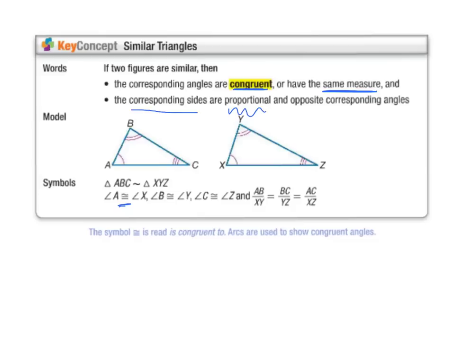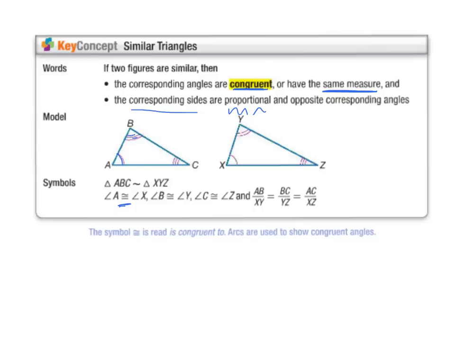So this A is the exact same as angle X. Similar with angle B is congruent to angle Y. Angle C, shown with 3 lines, is congruent to angle Z. Now, those are the angles. Okay, let's erase those. Now let's look at the sides.